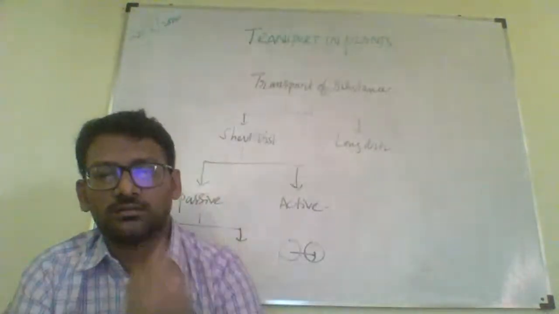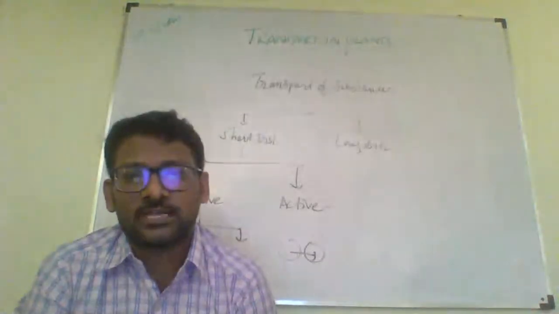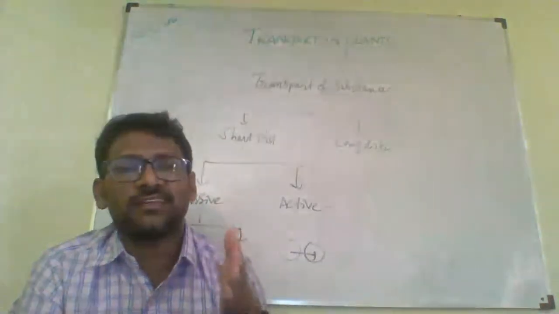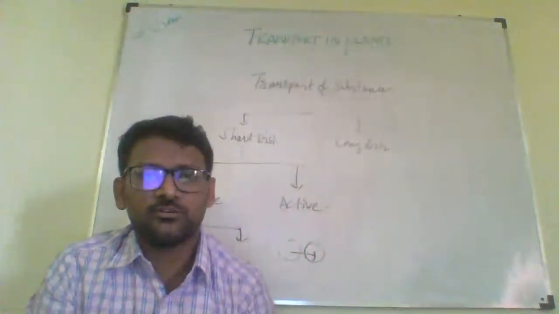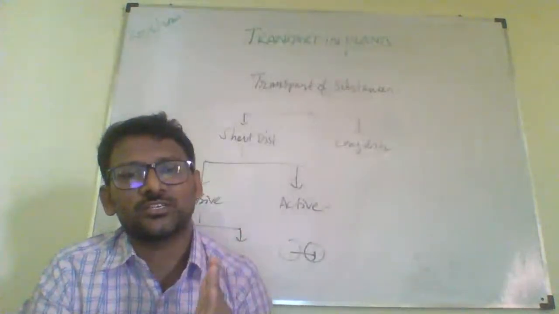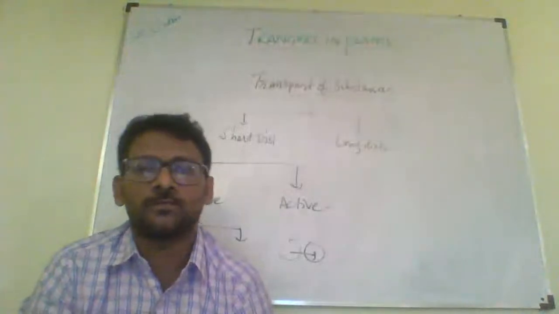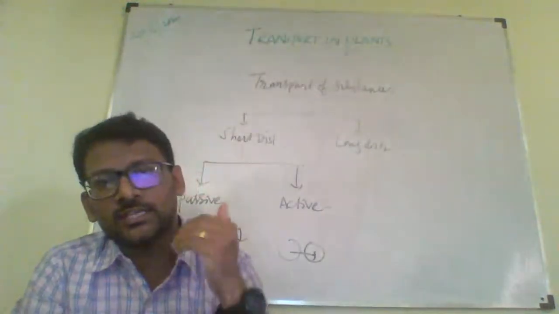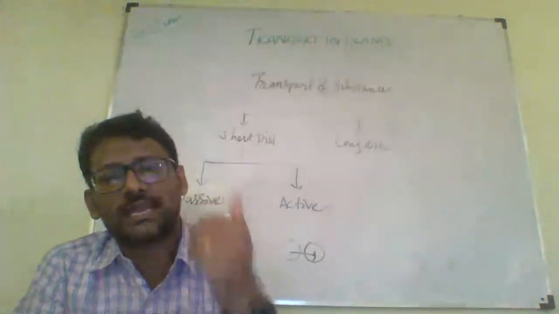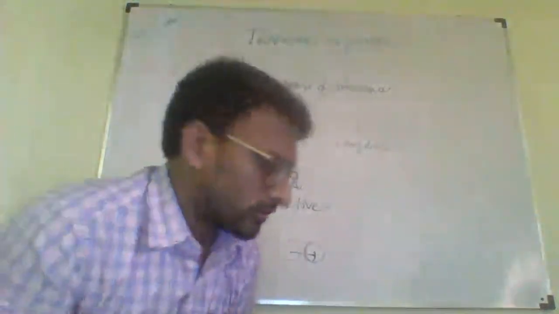Like that, transport by facilitated diffusion has two important aspects. One is the carrier transport system. Within the cell membrane, the plasma membrane, you have proteins which allow certain types of molecules to move inside those protein channels. Those are carrier proteins or transporters.